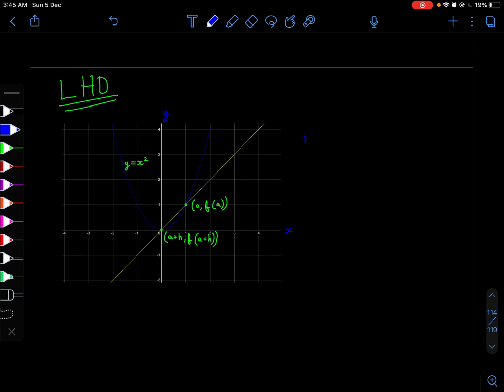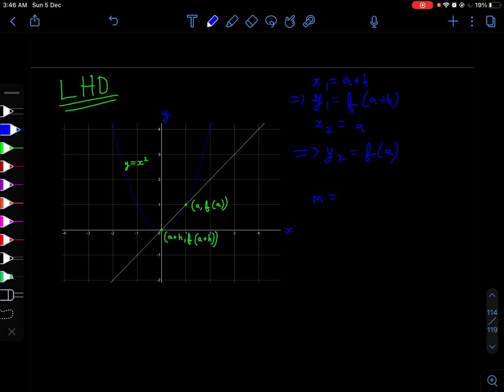The slope, we can use y1 minus y2 divided by x1 minus x2. Suppose x1 equals a plus h, so that would imply that y1 equals f of a plus h, and x2 equals a in this case, which would imply that y2 equals f of a.